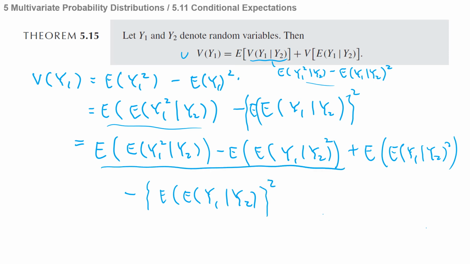And this first part becomes the expected value of the variance of y1 given y2.